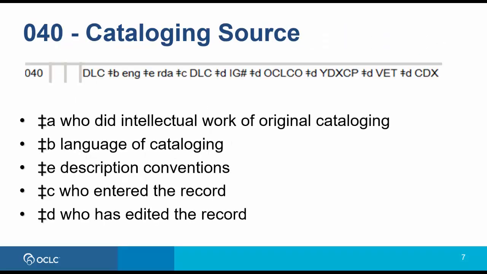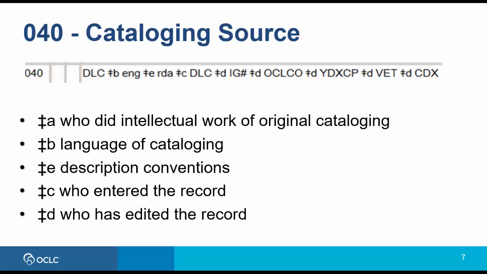The 040 field contains codes that tell which institutions did the cataloging. Subfield A identifies the cataloging source, in other words, what institution did the intellectual work of cataloging. Subfield B is the language of cataloging, in other words, the language of the bibliographic record, as opposed to the language of the resource that the record describes, which is recorded in other fields.